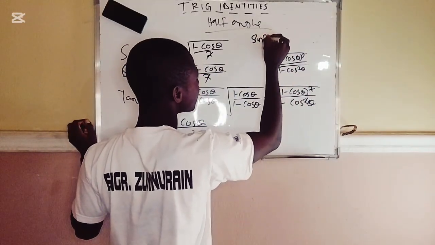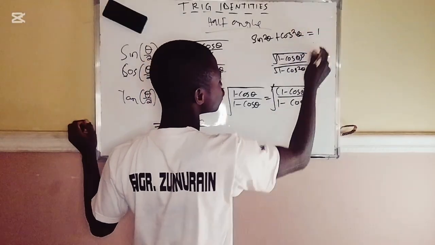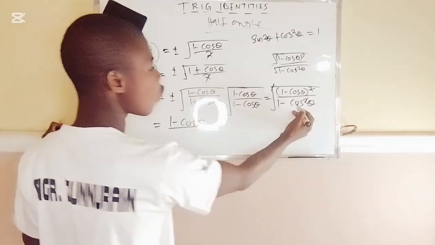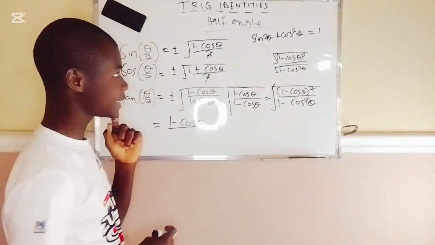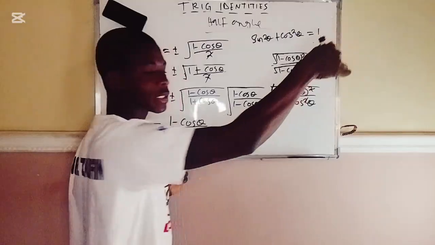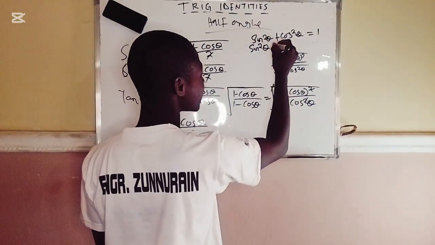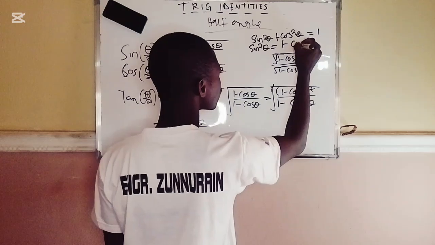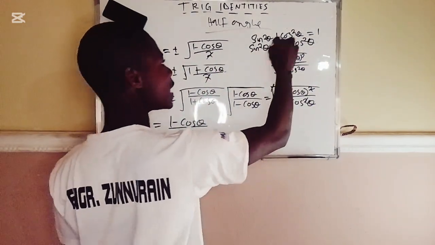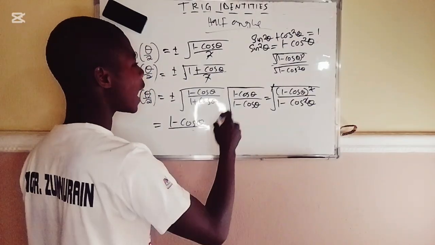But before cancellation of this square, I have to recall that sin square theta plus cos square theta is equal to 1. So if the cos square theta crosses the equal sign, it becomes sin square theta equals 1 minus cos square theta. So sin square theta is the same thing as 1 minus cos square theta.